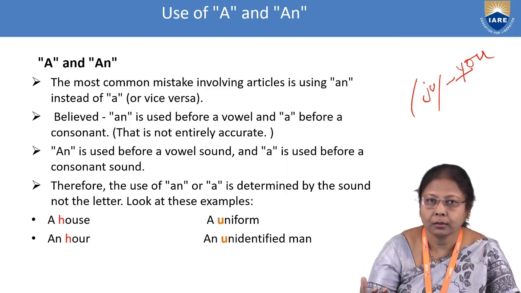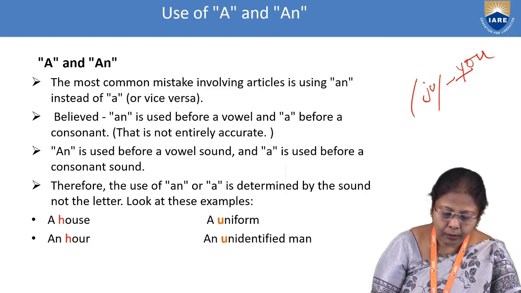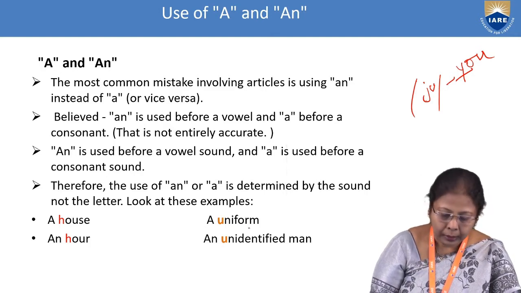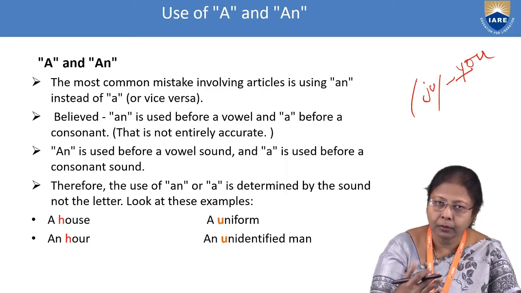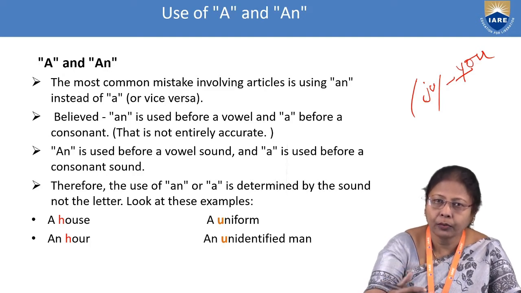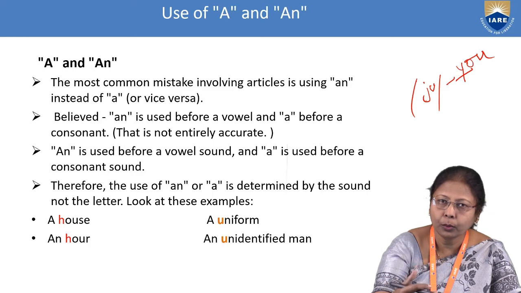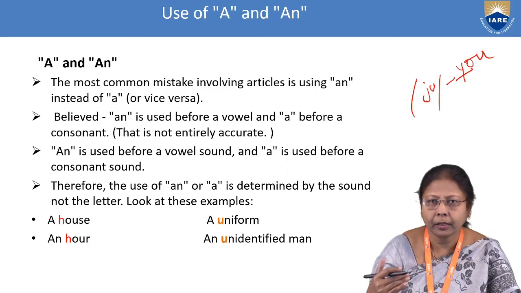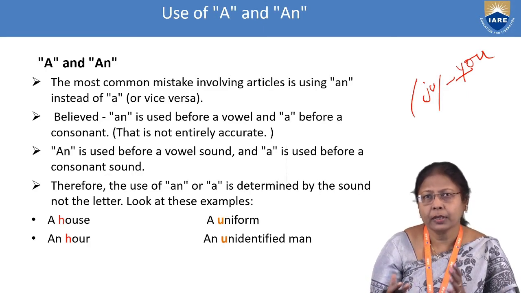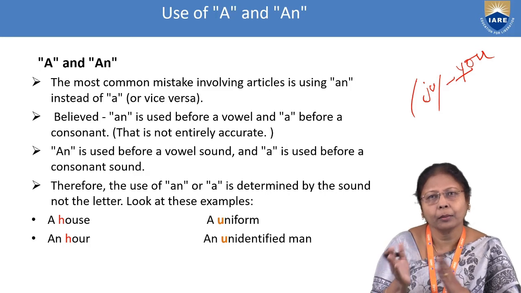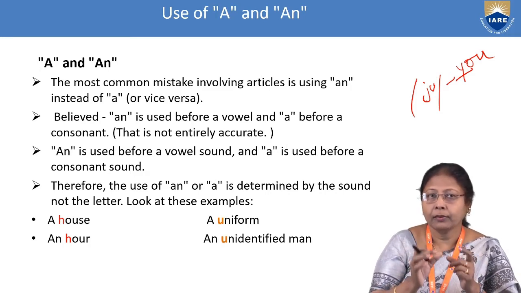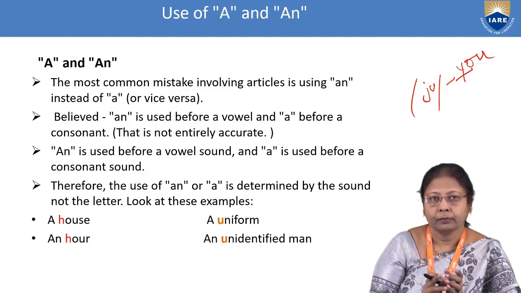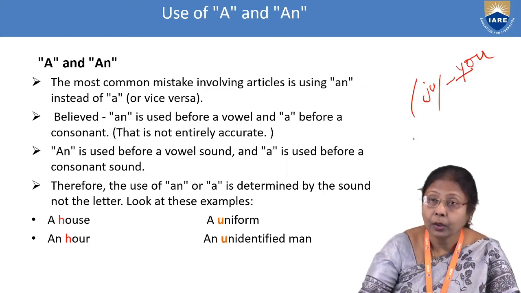Based on the sound, a uniform. And the next word, unidentified. See the difference between the first word's sound and the second word's sound. Uniform, unidentified. So, a uniform and an unidentified man. Be careful. That's why I say most of our non-native speakers commit mistakes. They take vowel letters, not vowel sounds. So this is the mistake that we have to rectify.